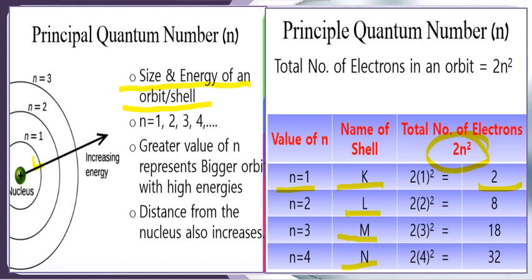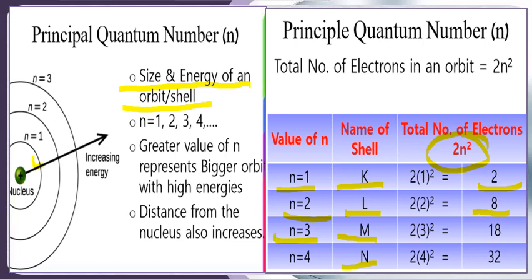So 2 electrons can be accommodated in the first shell. Similarly, when n is 2, it is the shell called L. Once again, place the value of n in the formula 2n square, that is 2 times 2 square. Then it will give you a total of 8 electrons in the second shell.